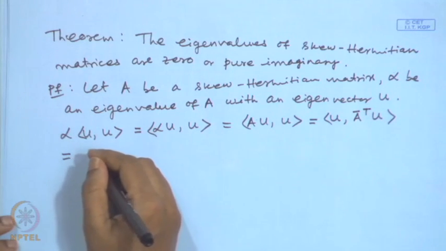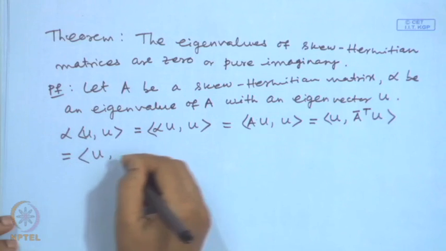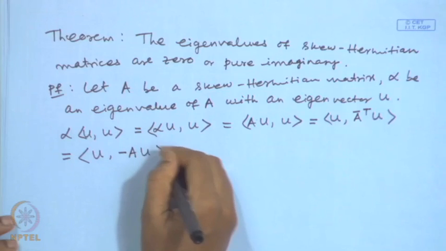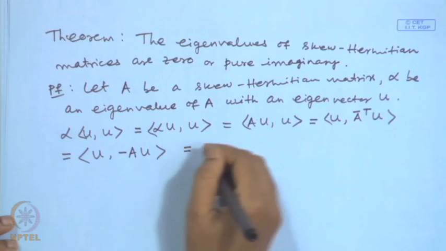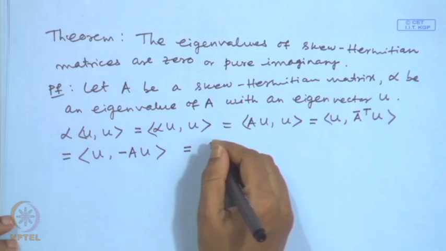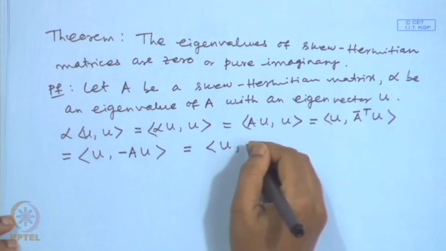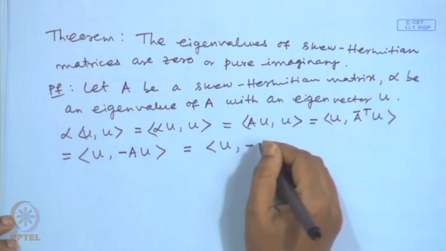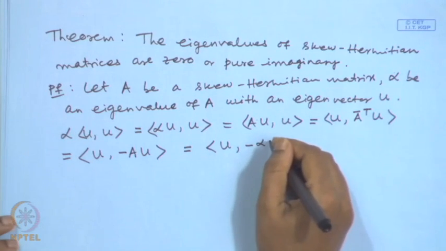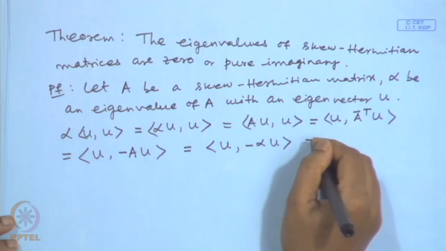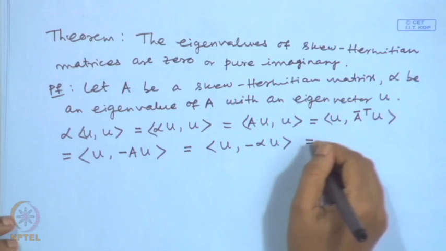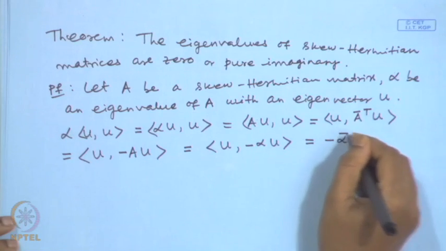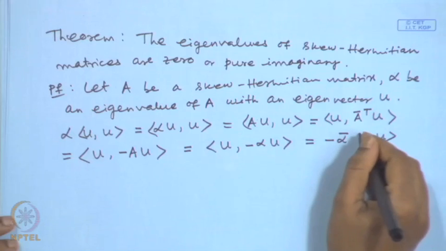Since A is skew Hermitian, we get minus A times u, and A u is equal to alpha u. So, minus alpha times u, and that is equal to minus alpha conjugate times u.